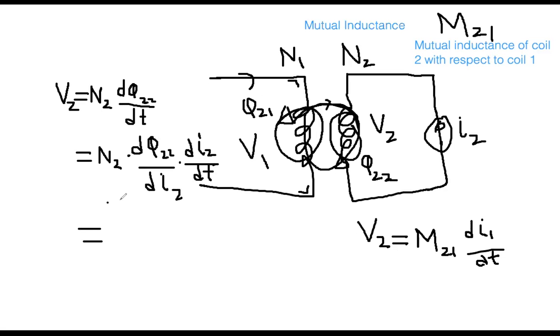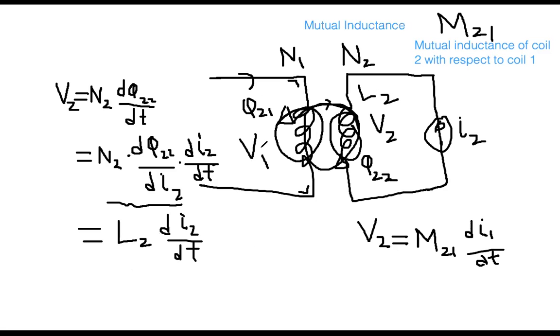So therefore this is your L2, the definition of L2, L2 di2 by dt. So everybody understands? This is the same thing as V1 when we applied the current on this side. This makes sense. So L2 is the inductance of this side.